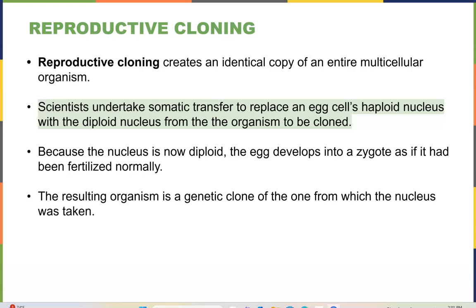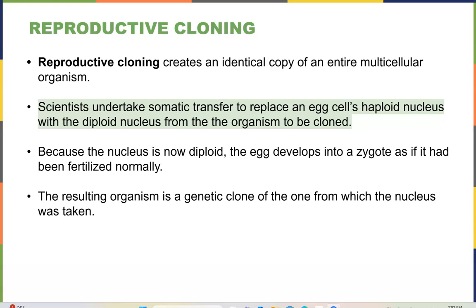We're not talking about just cloning a segment of DNA or just one gene in that case. But in this case, we're going to recreate a whole organism. So many, many, many genes have to be copied. We could do this pretty easily by taking an egg from a donor, and we will make it a diploid nucleus.